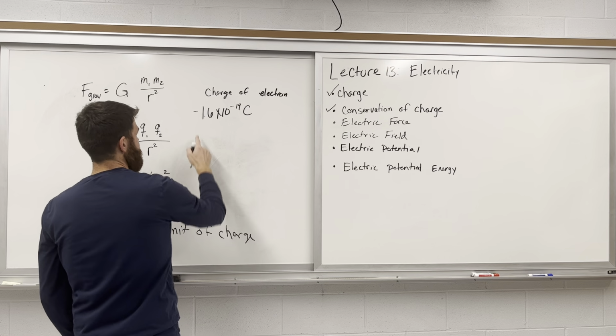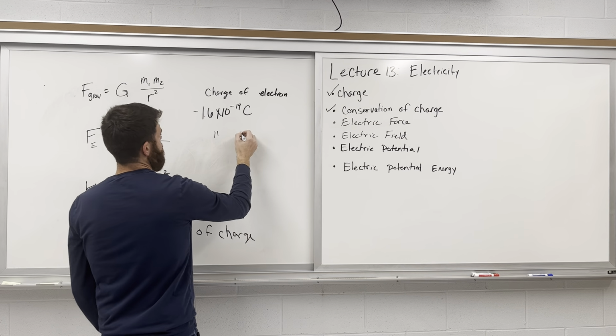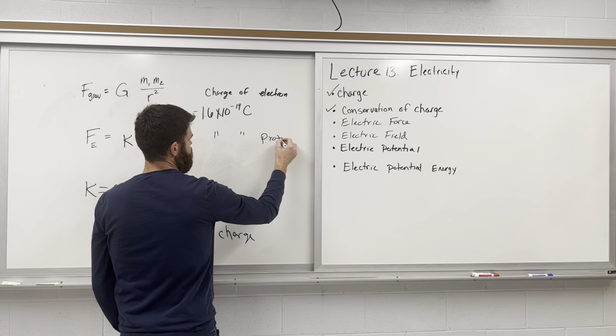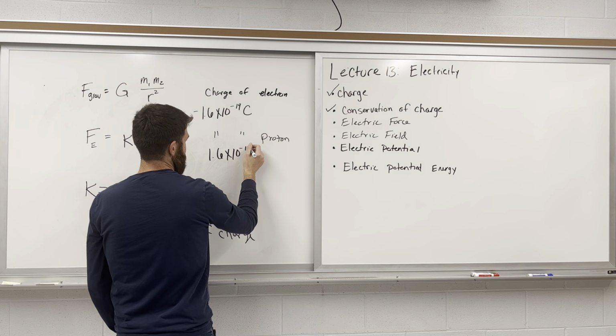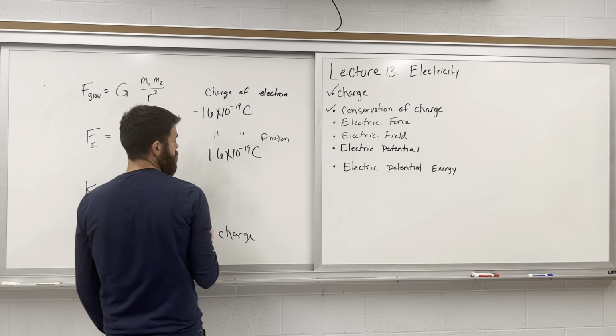It's negative, so it's a negative charge. The charge of a proton is positive 1.6 times 10 to the negative 19 coulombs. So it's a very small number of coulombs, the charge of a single proton or electron.